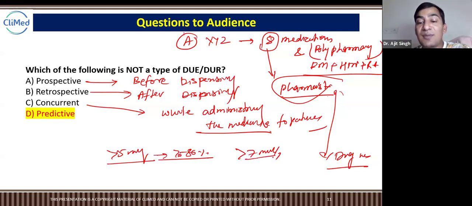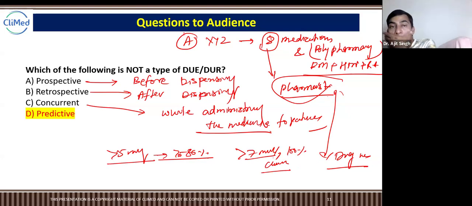More than 7 medications in a prescription has almost 100% chance of drug interaction. Mild, moderate, severe, doesn't matter, but almost 100%.